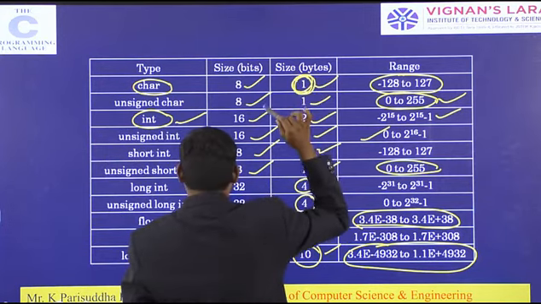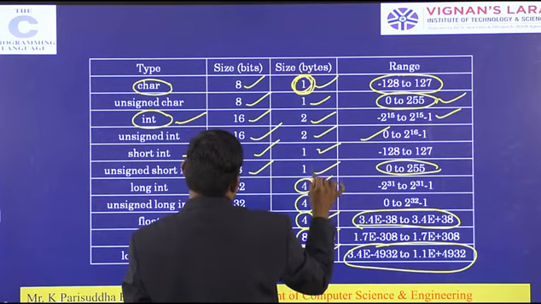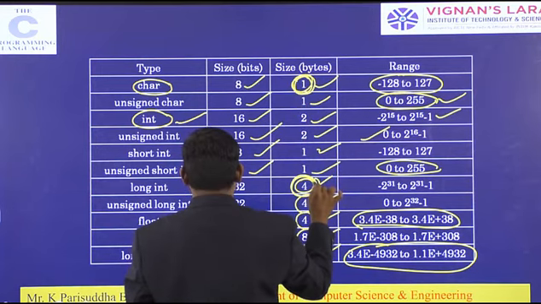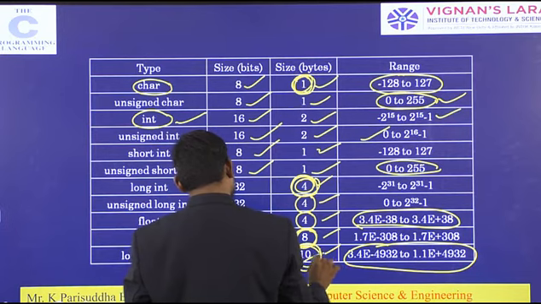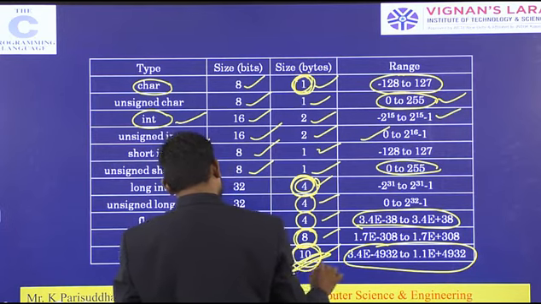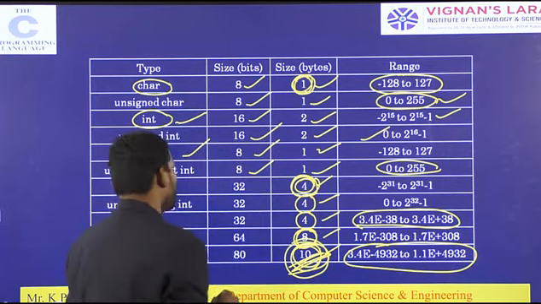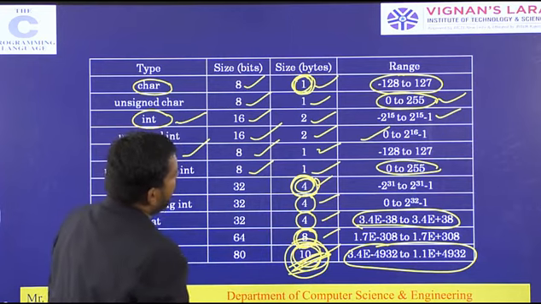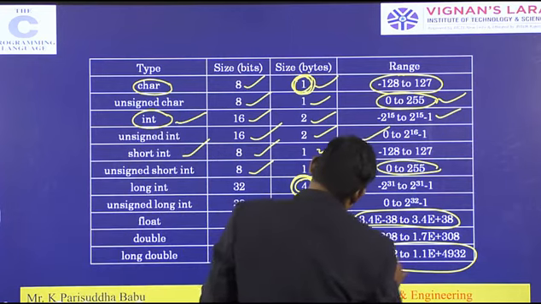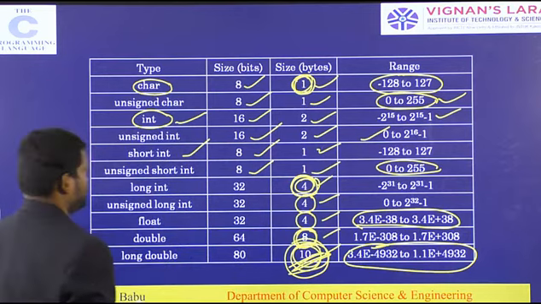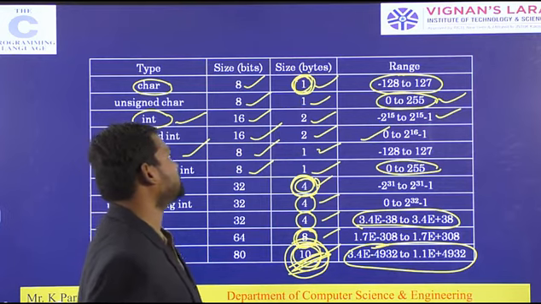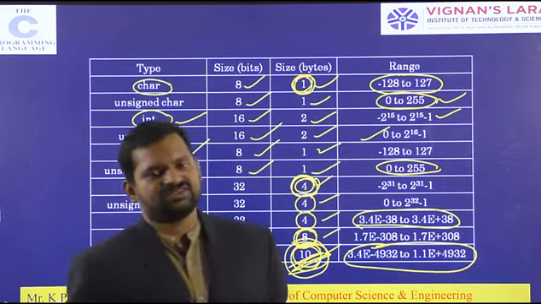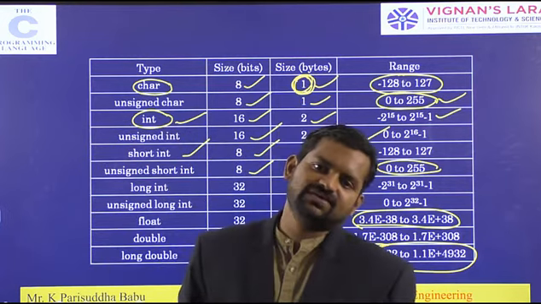After that character, we see integer, and after that integer, we see long double, the maximum size of data that we store. So this is the chart of data type, size in bits, size in bytes, and range. The range is also given in the chart.